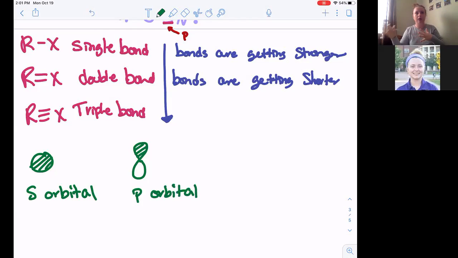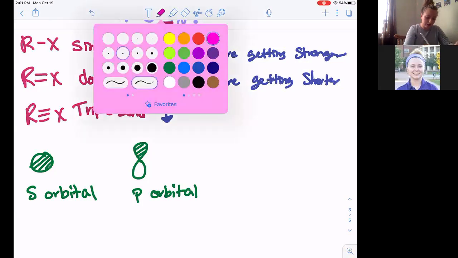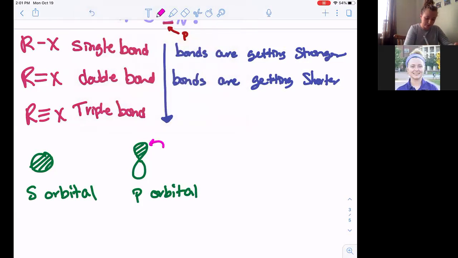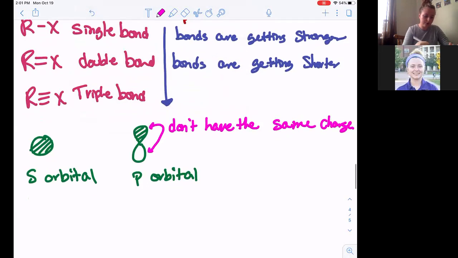So the shading is just a type of charge. It doesn't matter if it's positive, it's negative, whatever. And the important thing to note is that these two don't have the same charge. Okay, that's important.